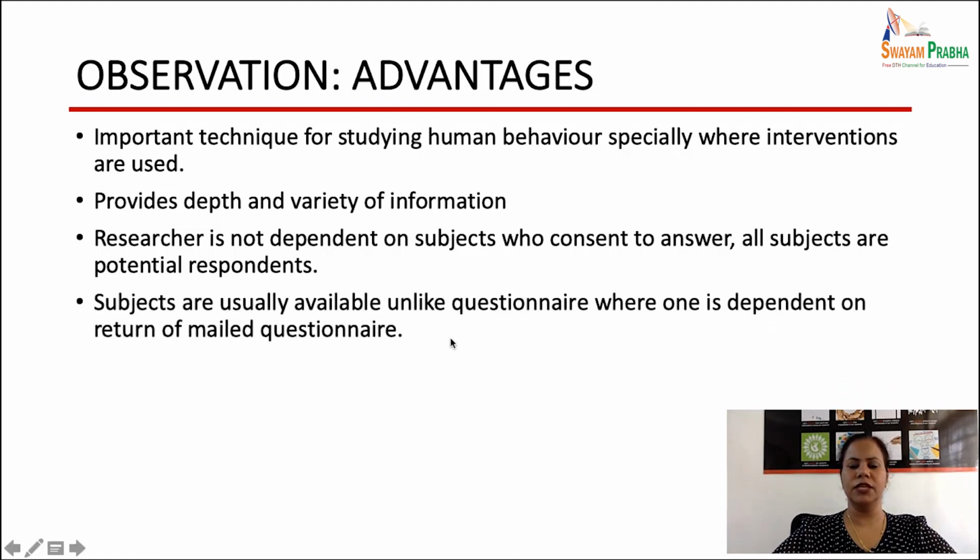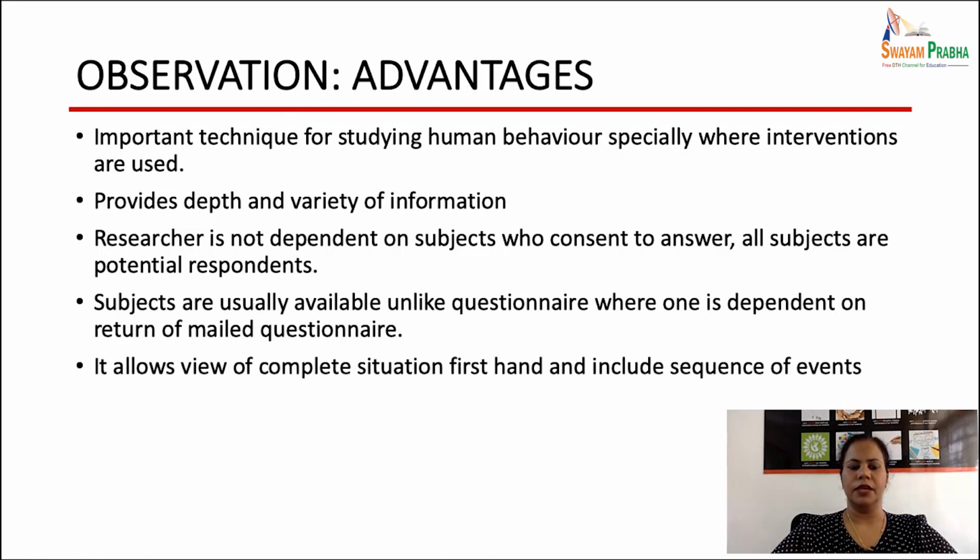Then subjects are usually available, unlike a questionnaire, where one is dependent upon the return of the mailed questionnaire. Here there is no chance of missing information. If you are observing something, you will be documenting everything, for each and every subject. It allows a view of the complete situation firsthand and includes the sequence of events.